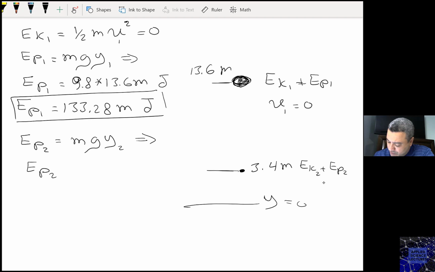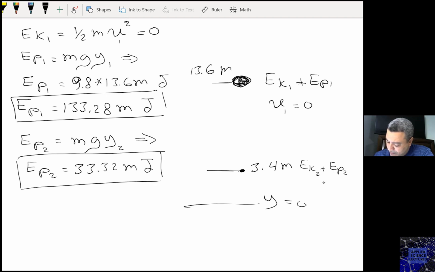EP2 equals 3.4 times 9.8 m, which is 33.32 m joules. EK2 is half m V2 squared, and this is what I want.